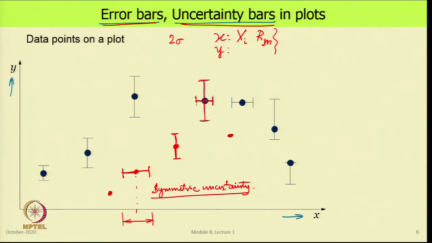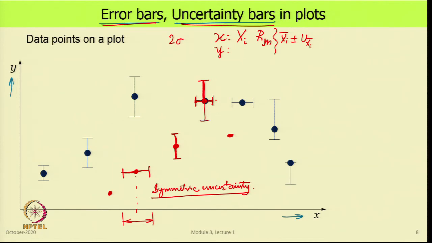So, this is the mean value that we have got, and on that, you have x_i bar, and then you have put plus minus U x_i bar, which is the expanded uncertainty at a certain confidence level. So, this part is capital U x_i bar, and similarly for y_i bar.